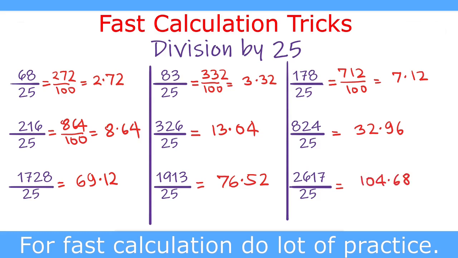This way we can either first multiply it by 4 and then divide it by 100, or we can divide it by 100 and then we multiply it by 4. Whatever is convenient to you, you adopt that method and try to do it orally as far as possible so that you will be able to reach the answer fast.